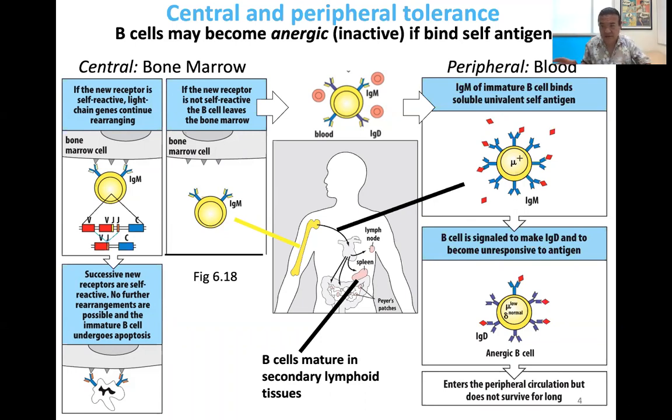It doesn't activate. Once the B cell gets to the secondary lymphoid tissue, for example, the lymph nodes, right, then it has successfully shown the immune system not only that it will not get into trouble against normal self signals, but it also knows how to exit the blood and go into the lymph system.